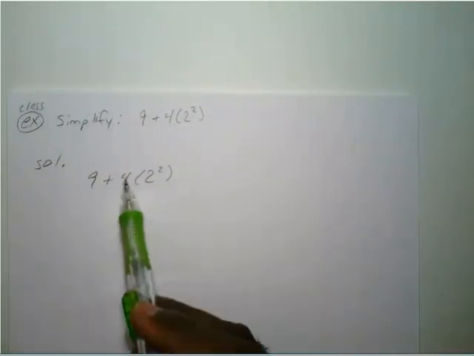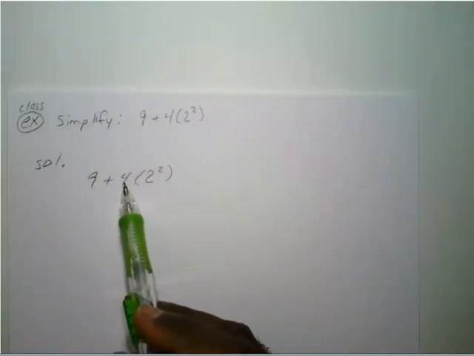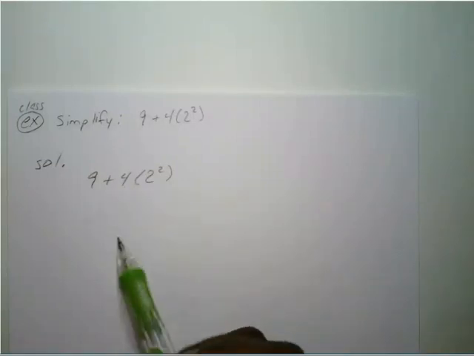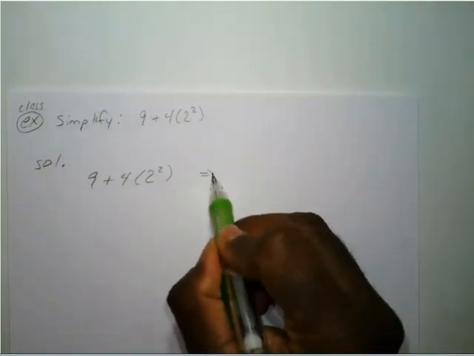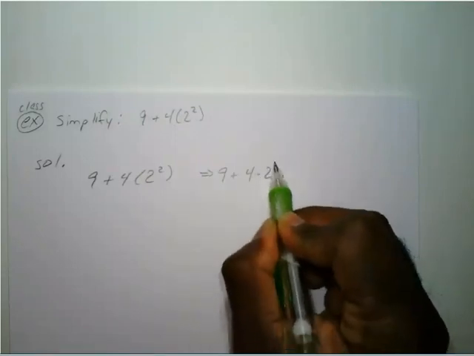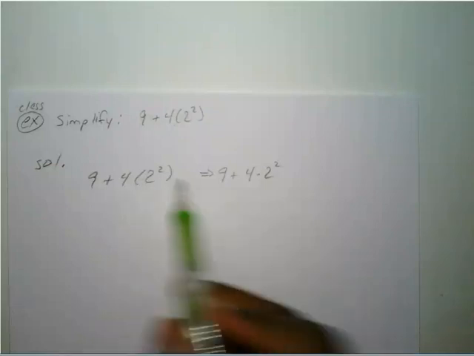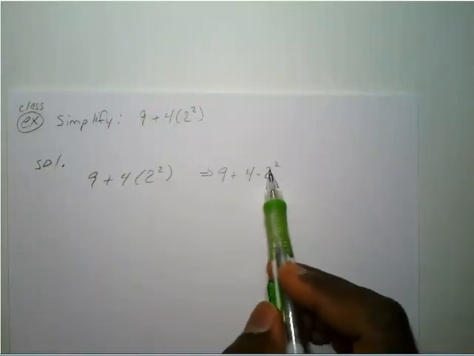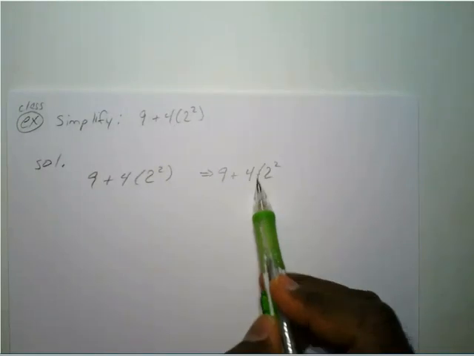When it's just being treated as multiplication, you don't treat it as a grouping symbol, because this can easily be rewritten as 9 plus 4 times 2 squared. They just use the parentheses to make sure you know that this squared applies to this too. So that's why the parentheses is used here.